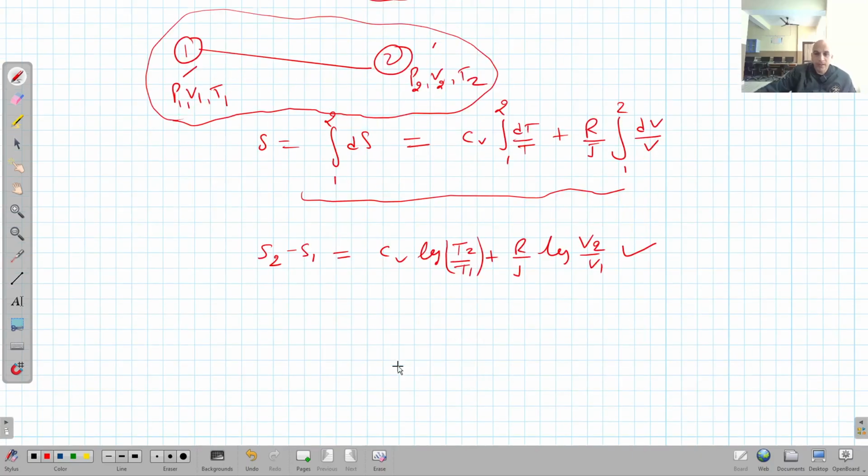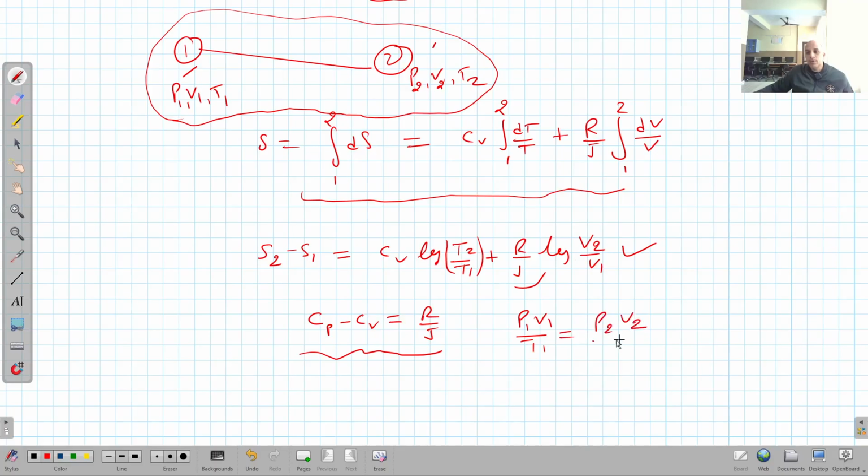Now you know very well, from thermodynamics, Cp minus Cv is R upon J, clear? So when you put this value in this equation here, and also you have one relation from thermodynamics, that is P1 V1 upon T1 is equal to P2 V2 upon T2. So it will give me T2 upon T1 is equal to P2 V2 upon P1 V1.